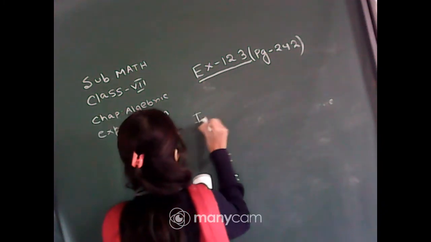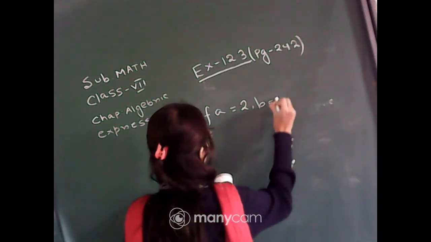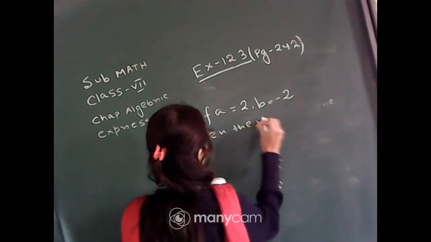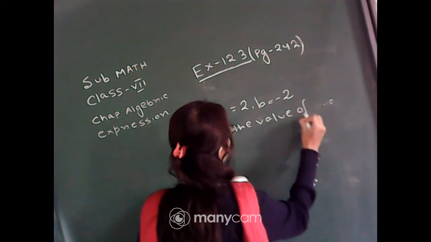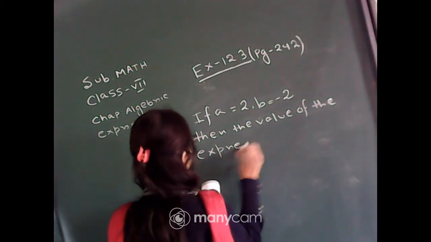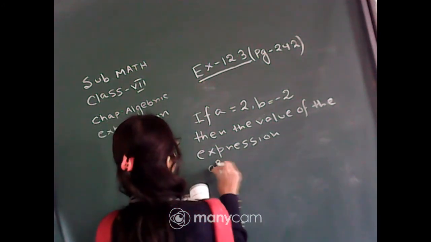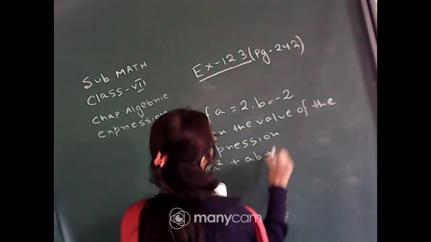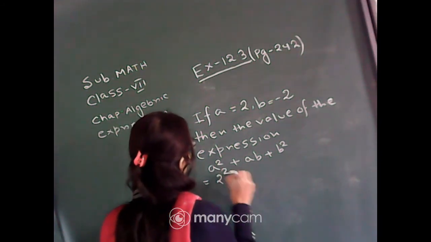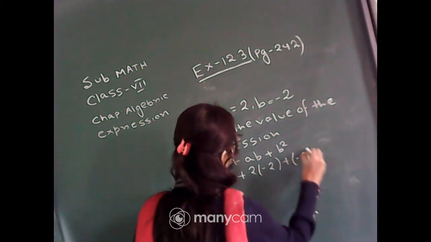If a is equal to 2, b is equal to minus 2, then the value of the expression a square plus ab plus b square is equal to 2 square plus 2 into minus 2 plus minus 2 square.